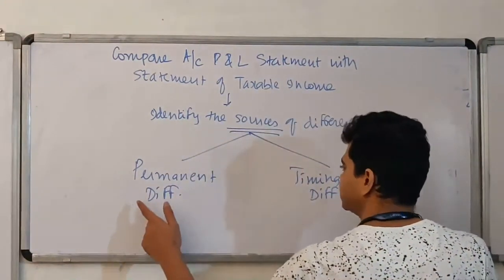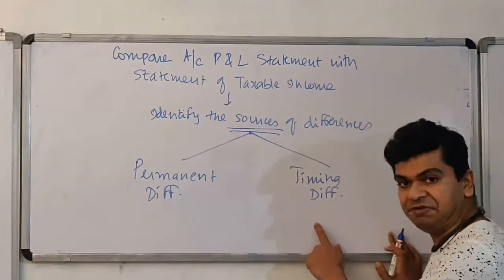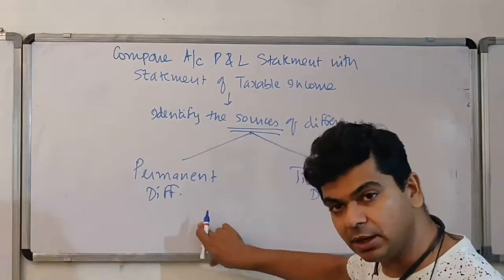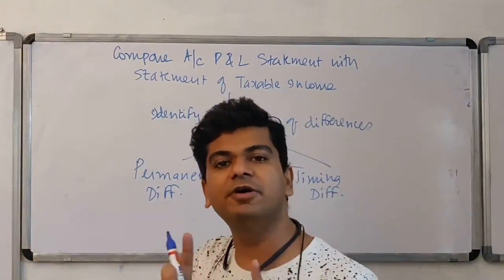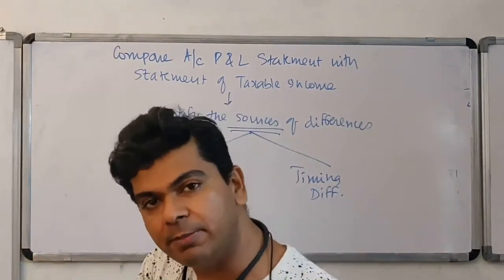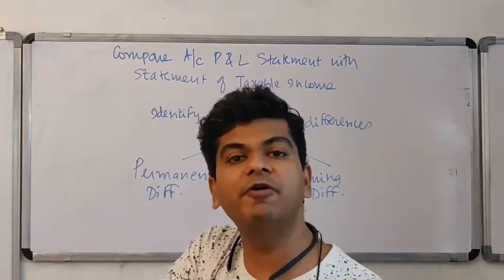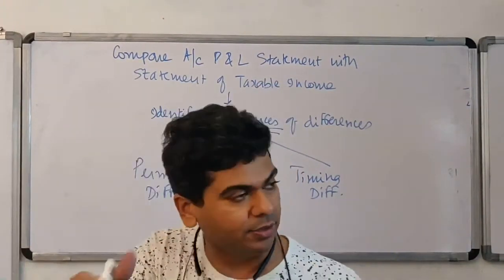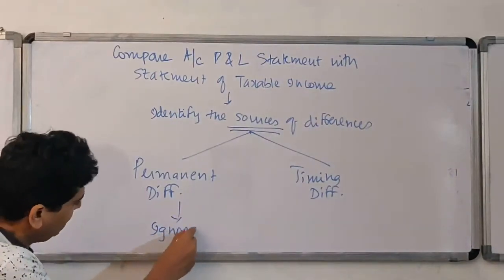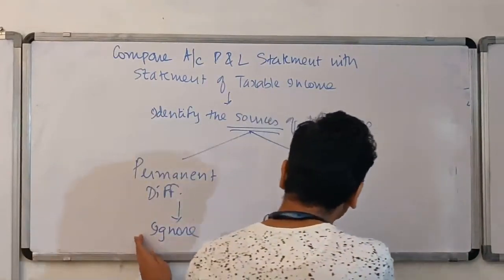You very well know what a permanent difference is. This difference will originate in the current period and will never reverse itself in future. If you conclude it's a permanent difference, no further treatment is required. You have to now simply ignore it. So I will ignore permanent differences.